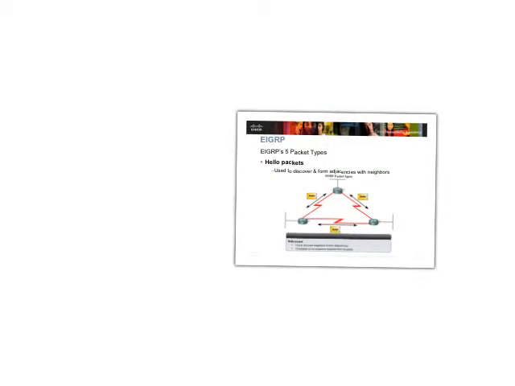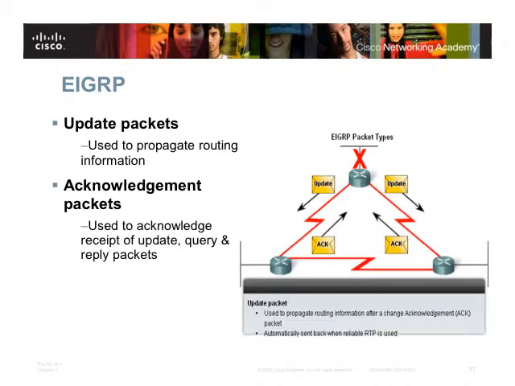So that's the first message type. The second message type is the update packets, or update messages. These represent the triggered updates. So if a change happens in the network, then I need to exchange an update to indicate that a change happened in the network.